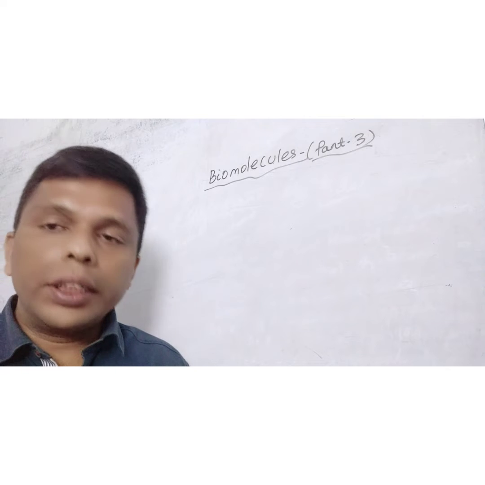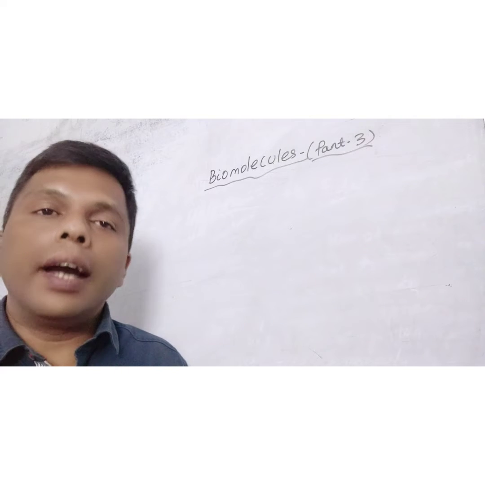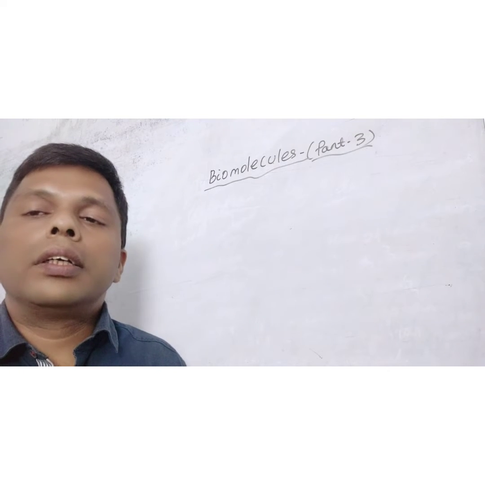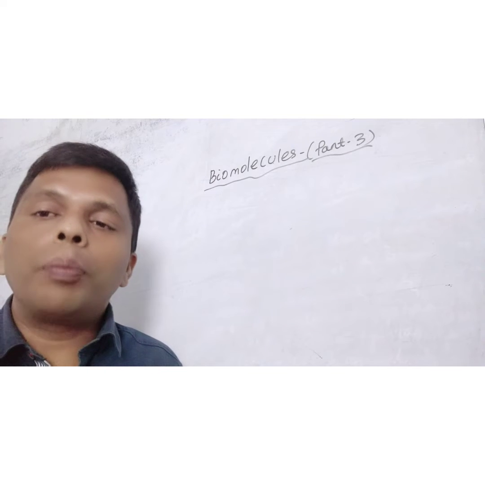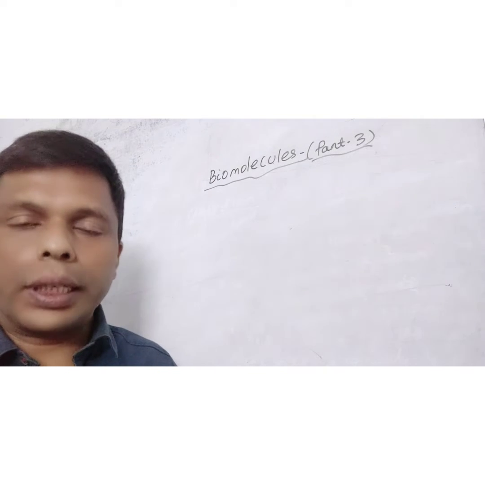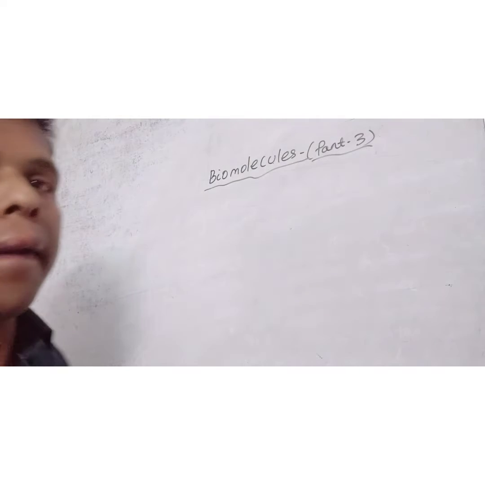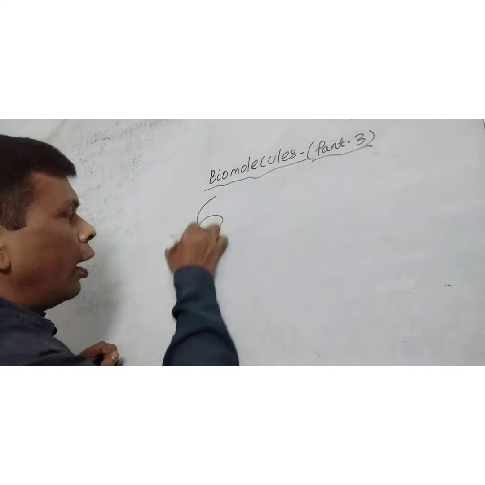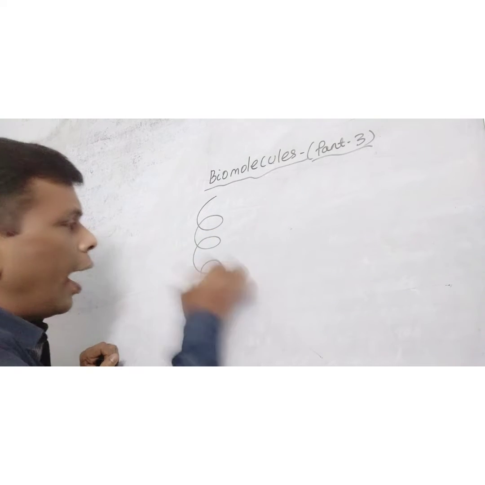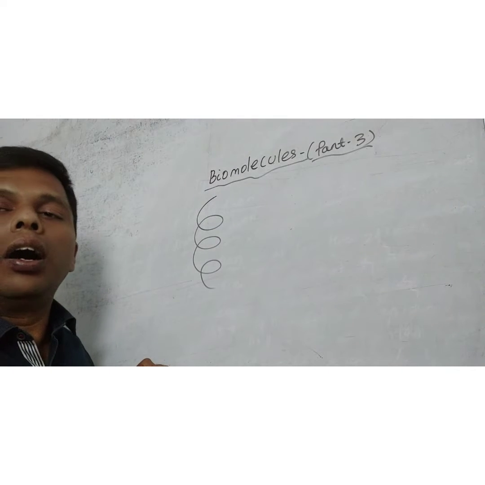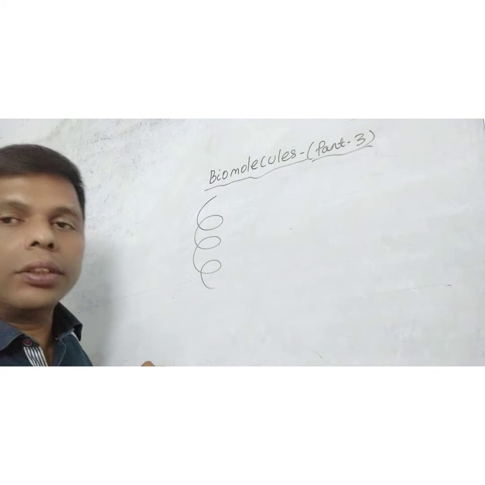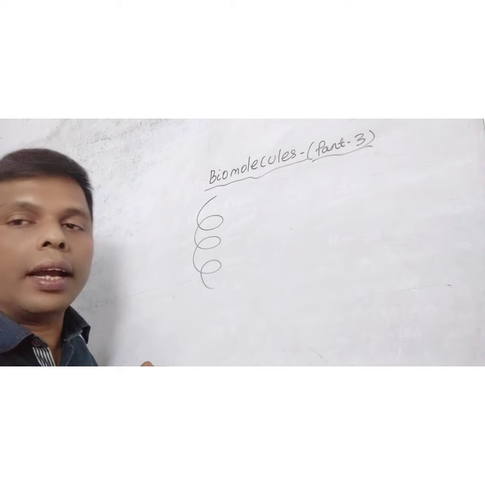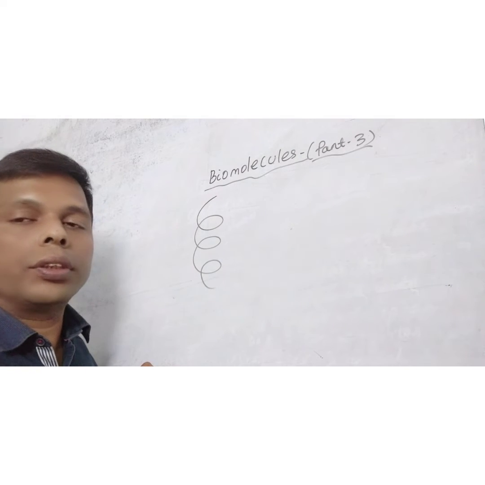Up to secondary structure, only structural proteins are produced. Suppose this is the alpha helix, or in the case of beta pleated sheet, we can only describe this structure.